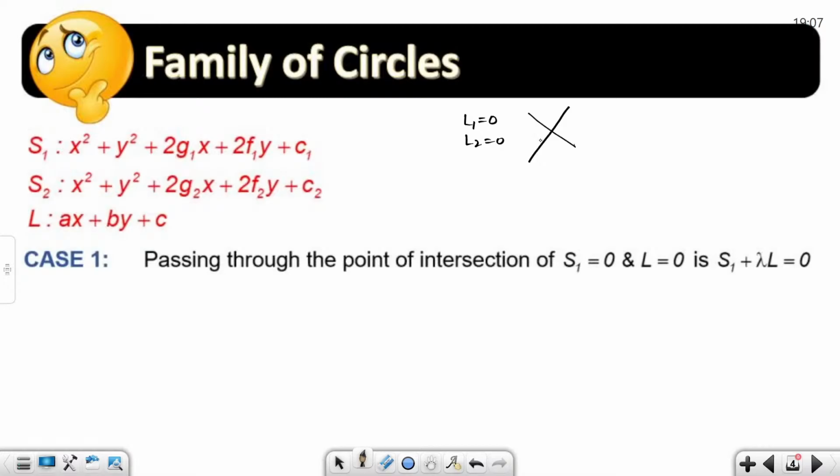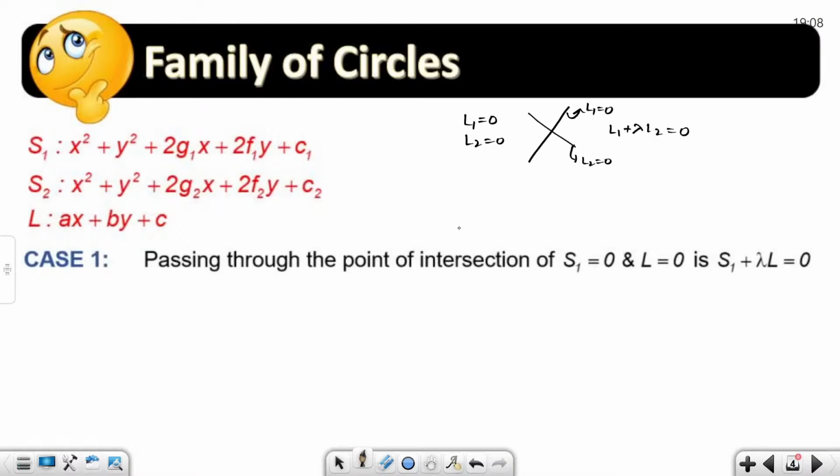Now, if I ask you, find out the equation of the family of lines which are passing through the point of intersection of these two lines, then what you have done, you have simply written L1 plus lambda L2 equals to 0. So this is the equation of the family of lines which are passing through the point of intersection of L1 and L2.